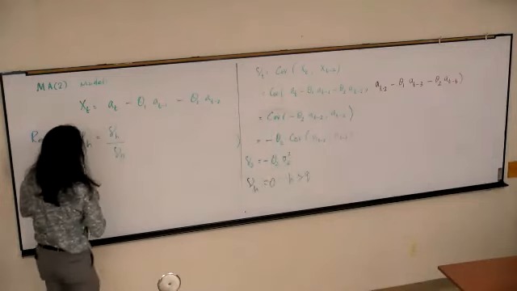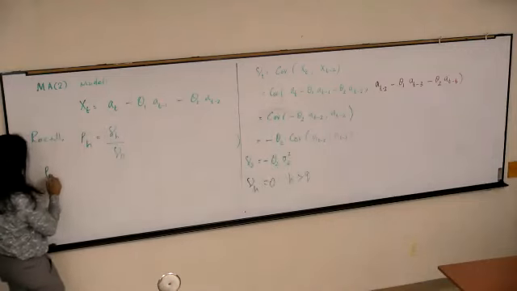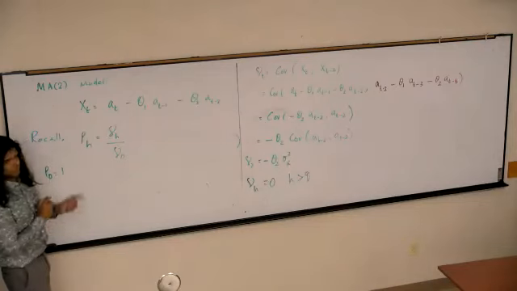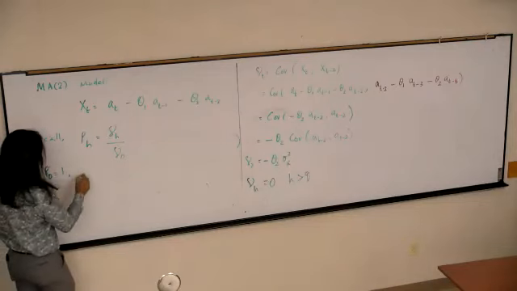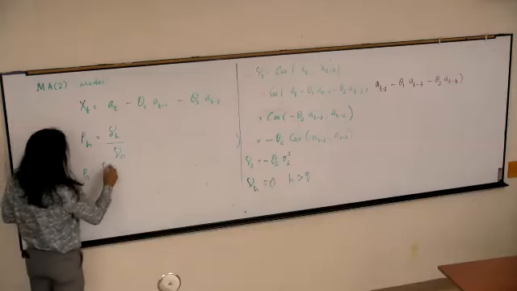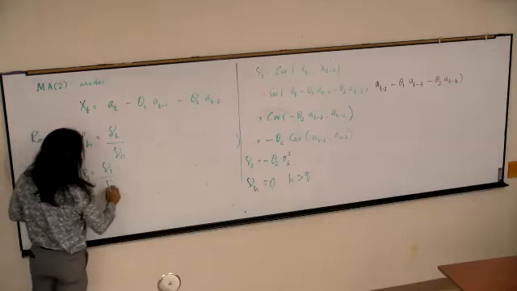So rho 0 is always 1. Rho 1 is gamma 1 over gamma naught.